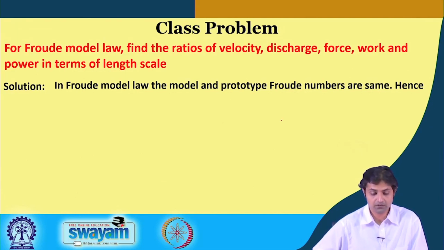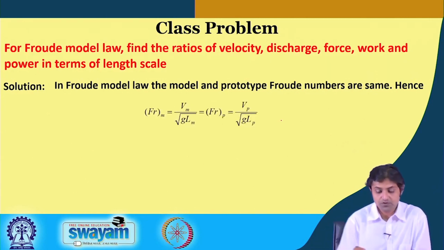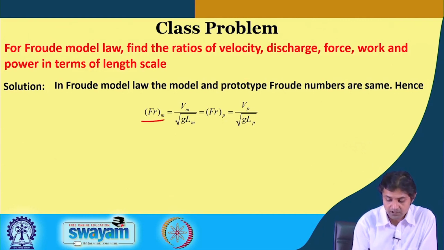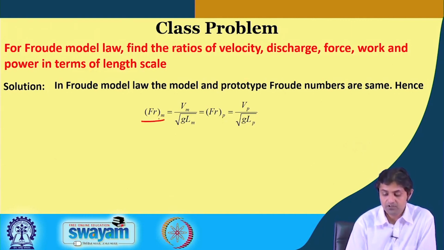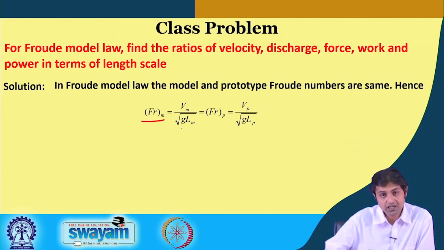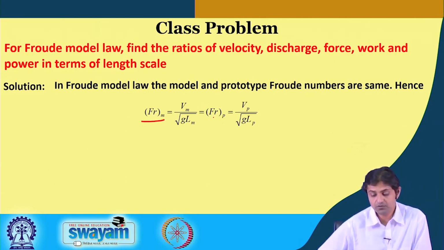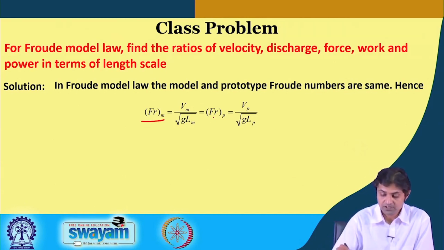That is why it is called the Froude model law. So, Froude number in the model, Vm by under root g Lm, should be equal to Froude number of prototype, which is velocity in prototype by under root g Lp. Very simple.